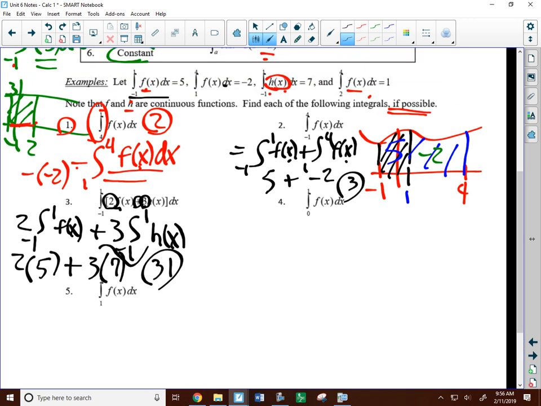Number 4, we'll finish up 5. 0 to 1 of f of x. So there is no 0 to 1. There's actually no 0 up here. Lots of times students want to look at this one, right? That's negative 1 to 1. So lots of times students want to say it's 2.5 for this.